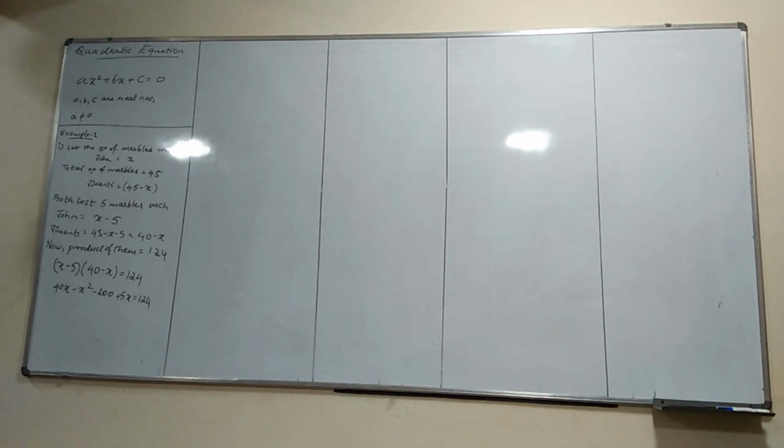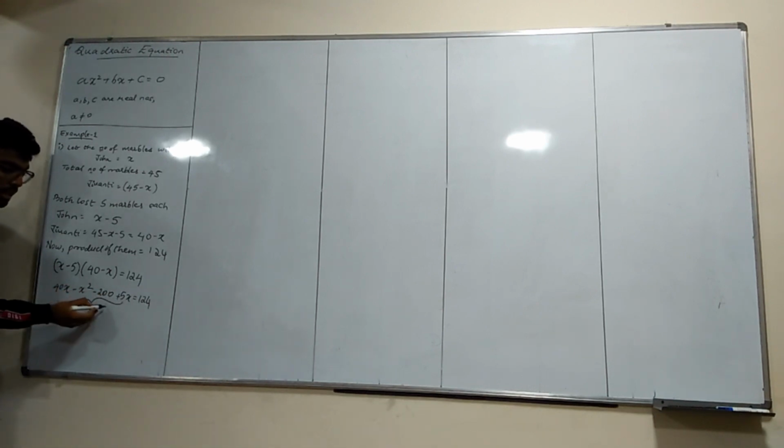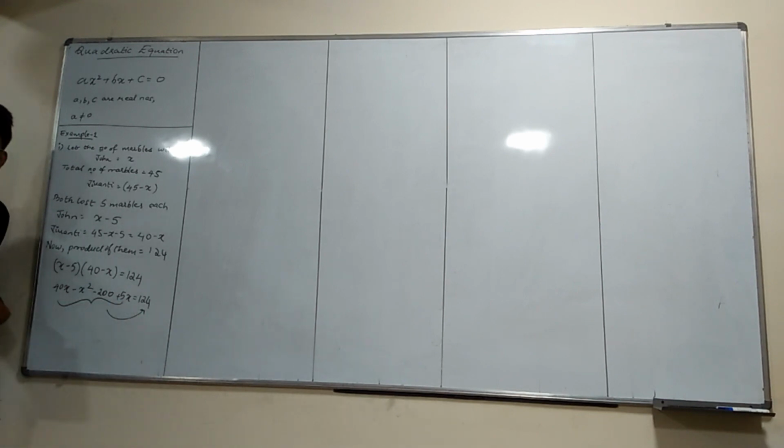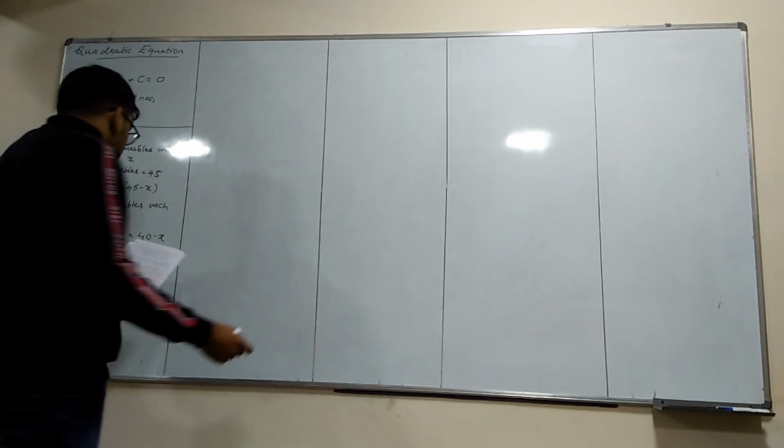Now, because my x square coefficient is negative, I'll make it positive by shifting the entire term to the other side.